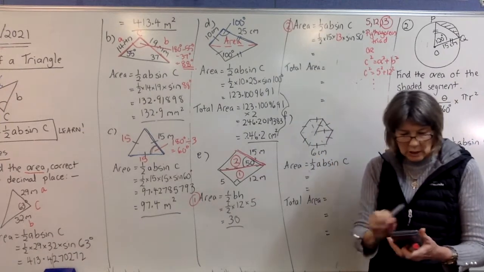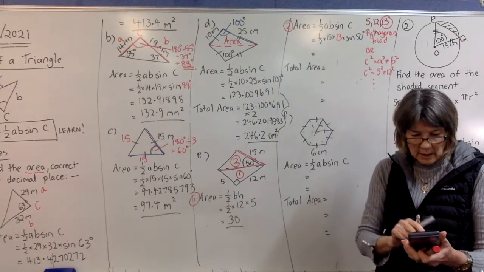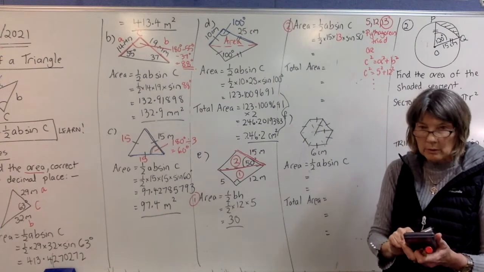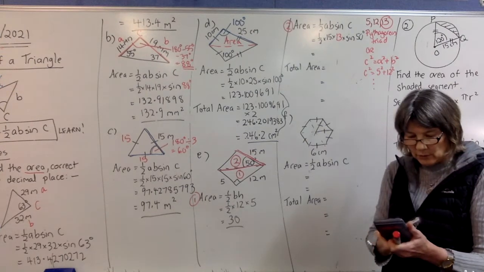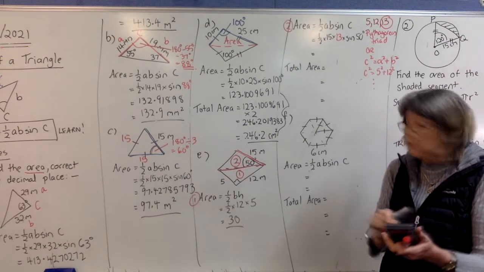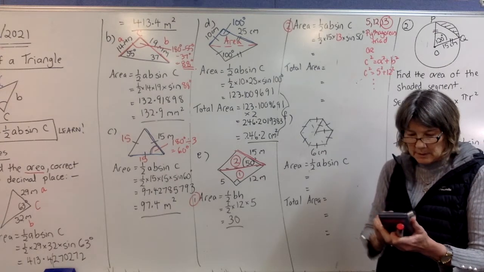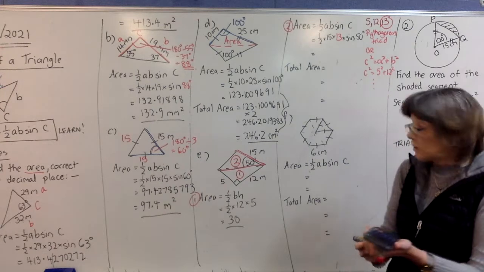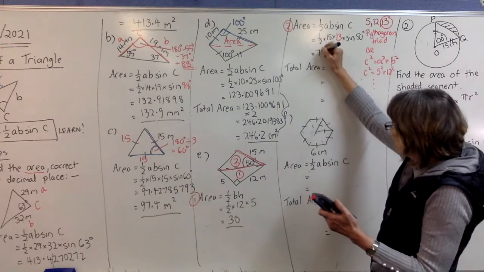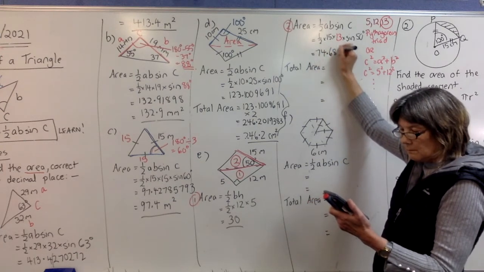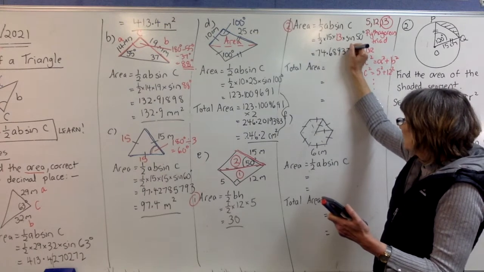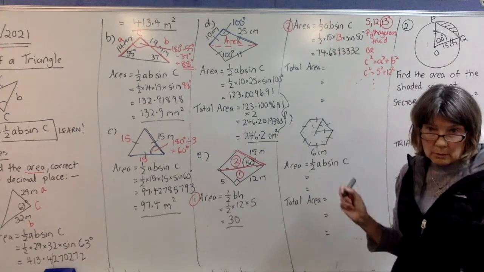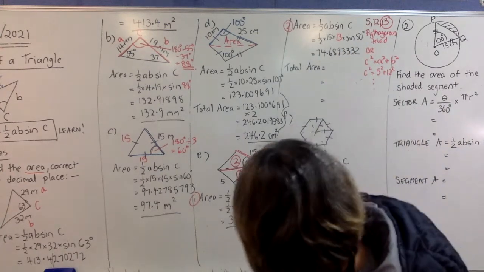So fraction key, 1 down arrow, 2 right arrow, times 15 times 13 times sine 50, close the bracket, equals, and it gives you this, no rounding yet. Keep it on your calculator, because we'll probably need it again.